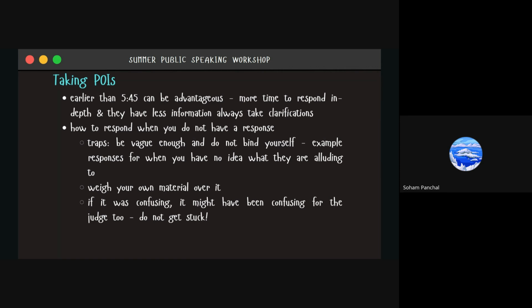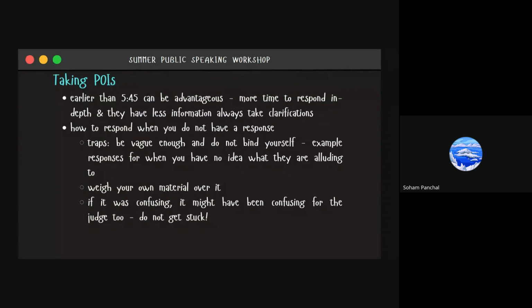In the second case, you could just state that your material or arguments have better benefits than theirs. For example, if it is a vague POI and you don't know how to engage with it, you just say there are no reasons you try to support it for what you're trying to say, or you could come up with your own reasons: it is wrong because my arguments weigh way more than yours, for these reasons.